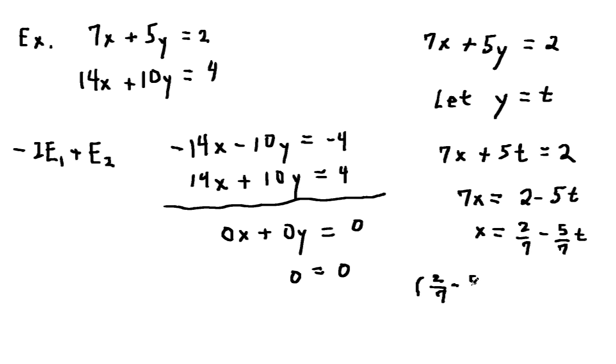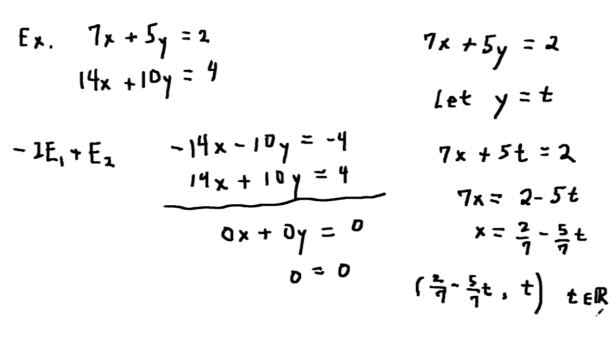Let's write x in terms of t as we have solved for it here. And y is just t. And t is a free variable, so it could be any real number.